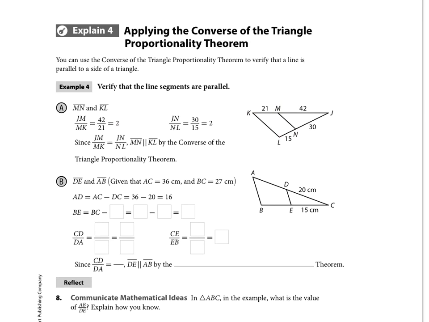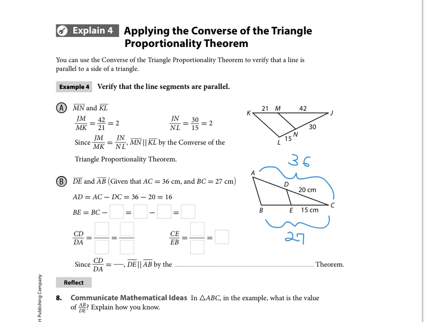Working through the same process for part B, we're going to fill in what we don't yet know. They're telling us to begin with as a given that AC, the whole length of that side, is 36, and the whole length of BC is 27.